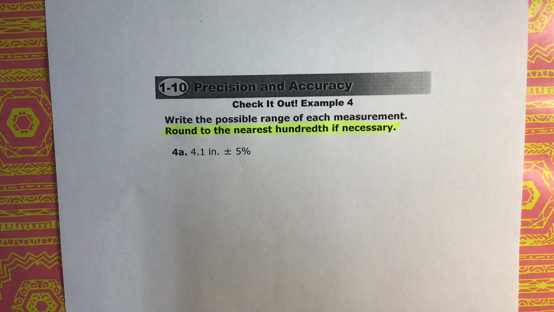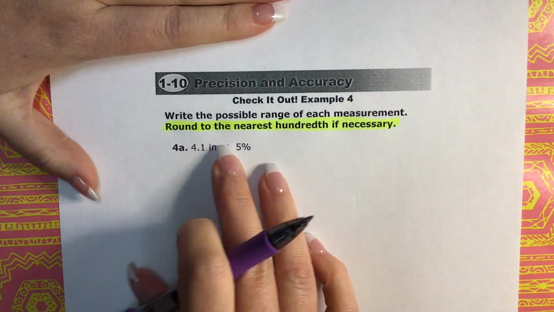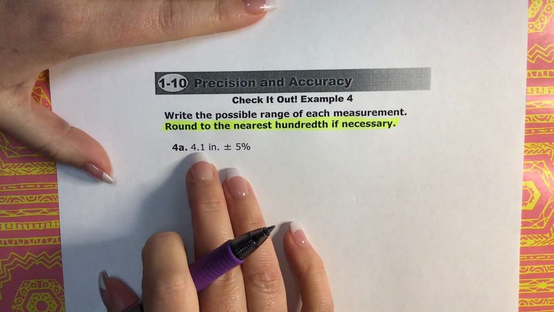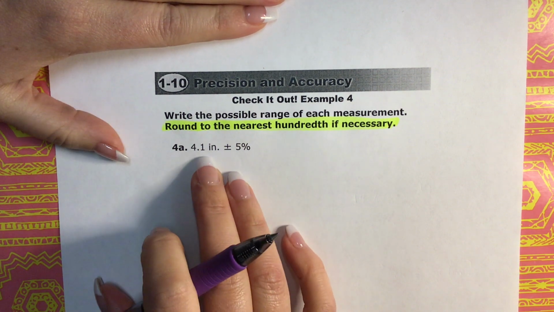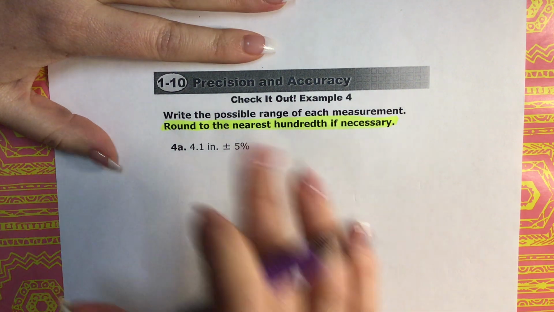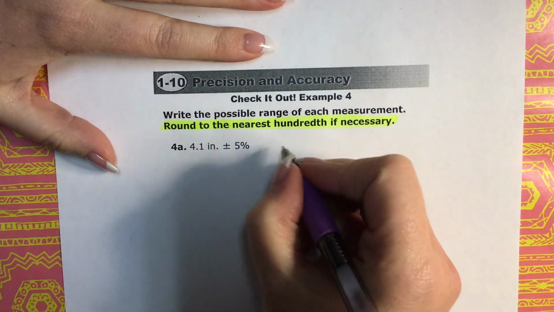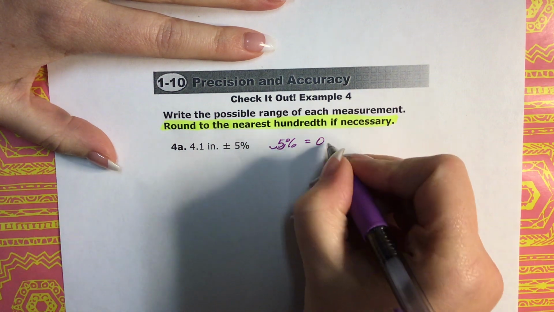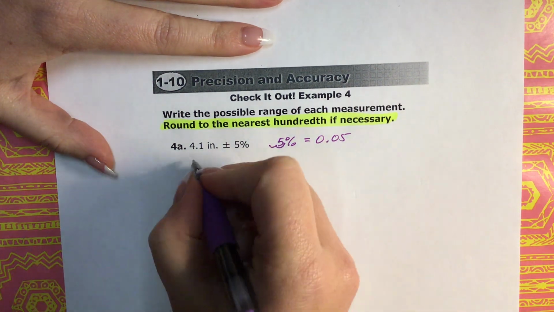All right, we're back. Let's see how you did on 4A. We need to figure out what 5% of 4.1 is to find the range. To do that, we have to convert this to a decimal. So 5% is the same thing as 0.05, okay?